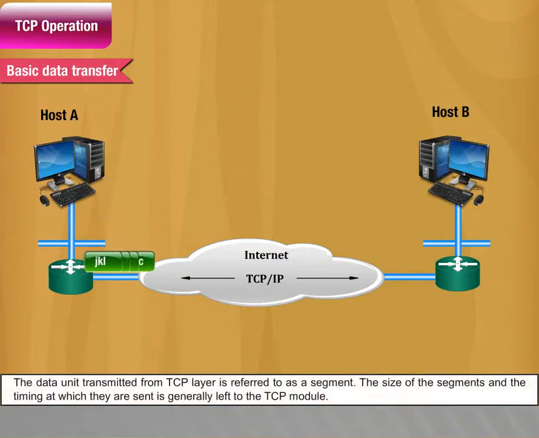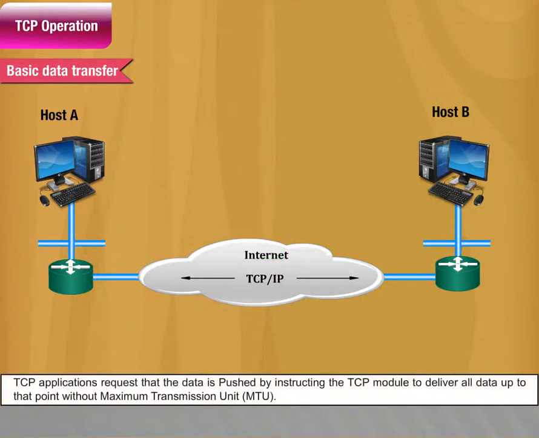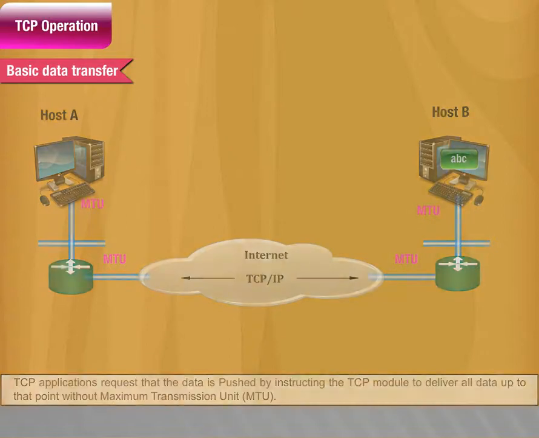The data unit transmitted from TCP layer is referred to as a segment. The size of the segments and the timing at which they are sent is generally left to the TCP module. TCP applications request that the data is pushed by instructing the TCP module to deliver all data up to that point without maximum transmission unit (MTU).